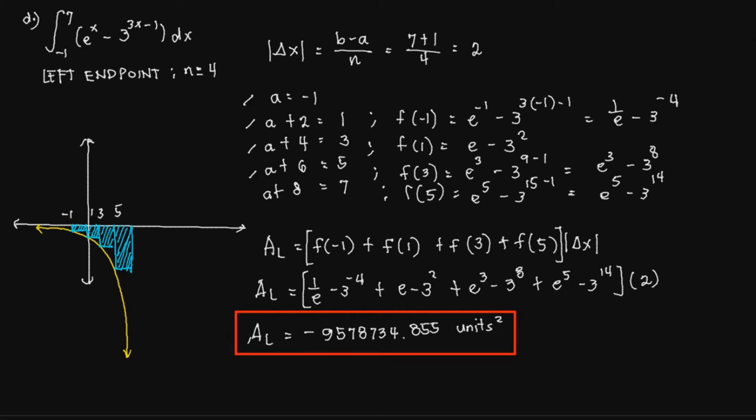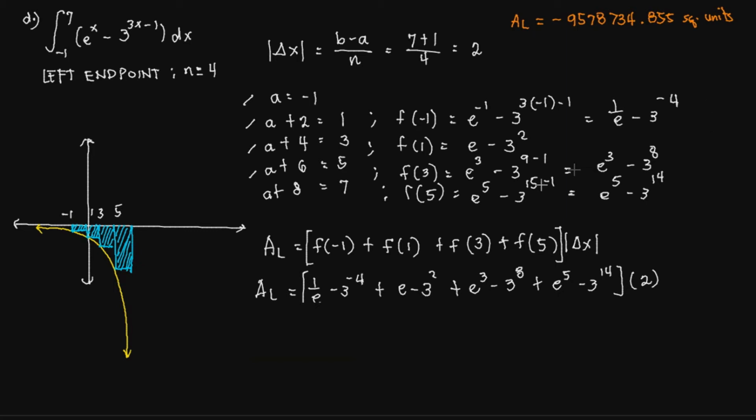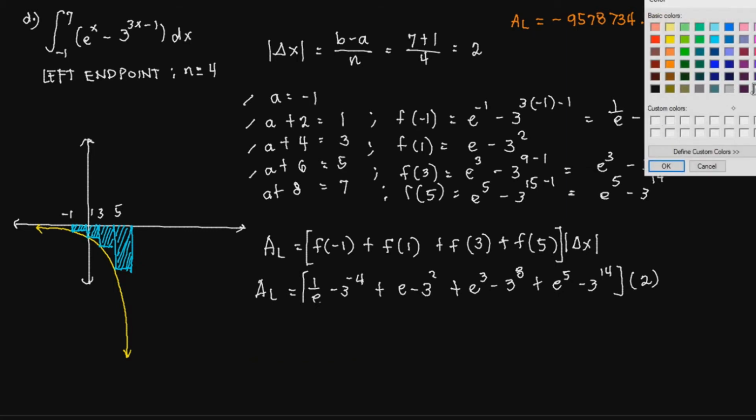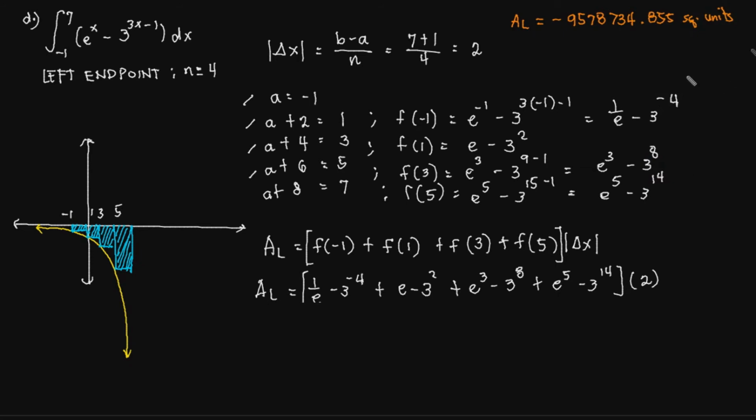So what we'll do is modify this answer. I'll copy our answer here, A sub L, and remove this. We'll now make this our solution for the right endpoint. Of course, if this is the right endpoint, then we won't use negative 1.